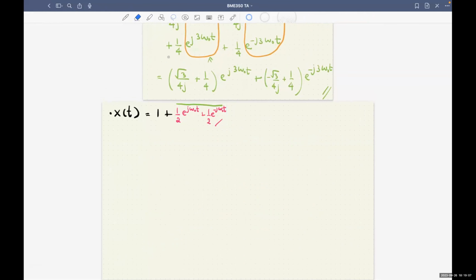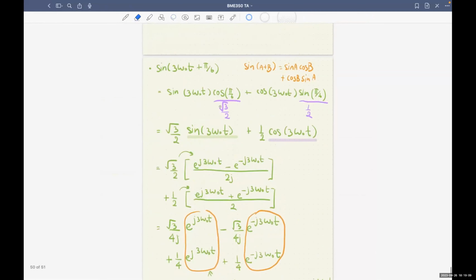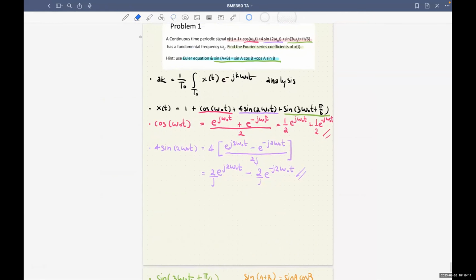And the second term for sine 2 omega naught t, after using Euler formula, we get this term.